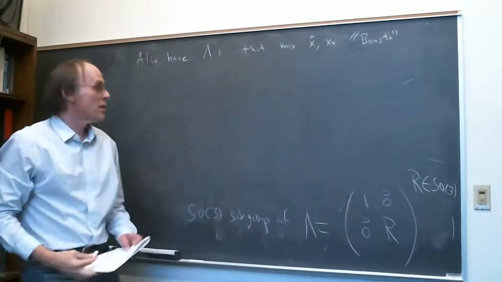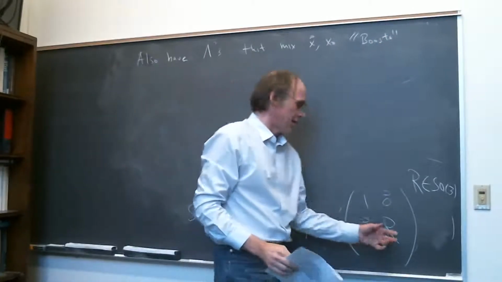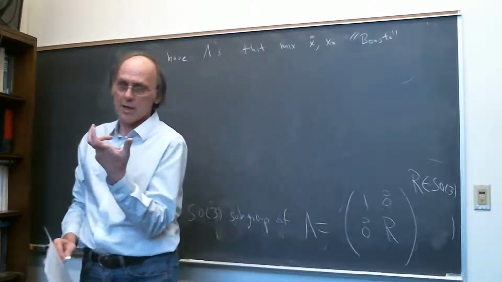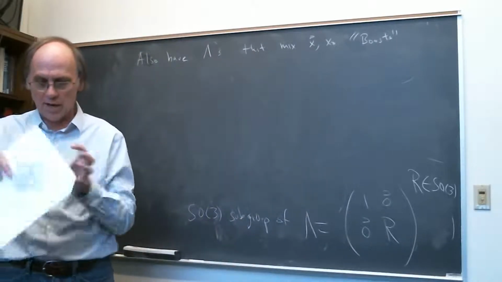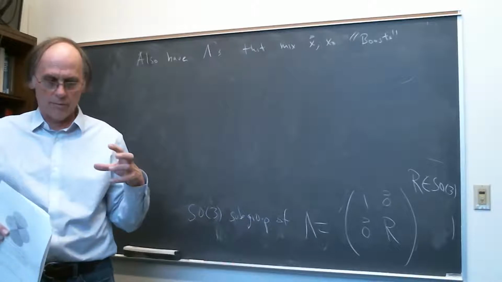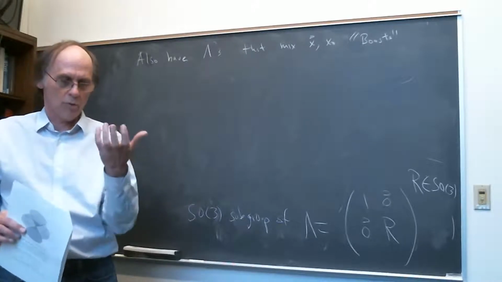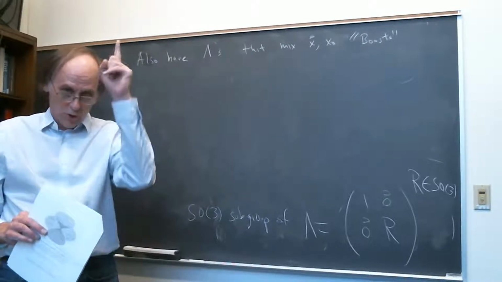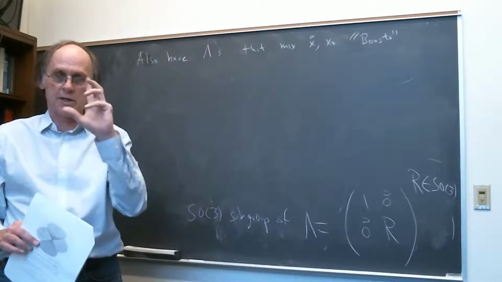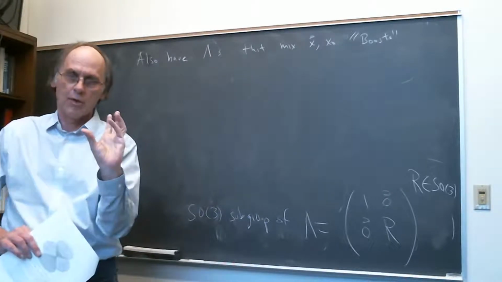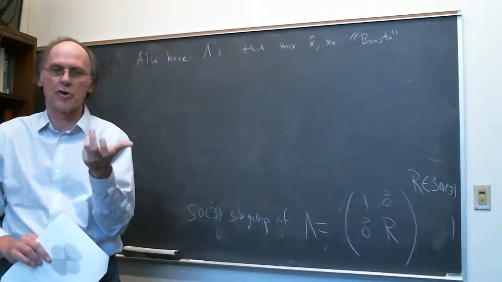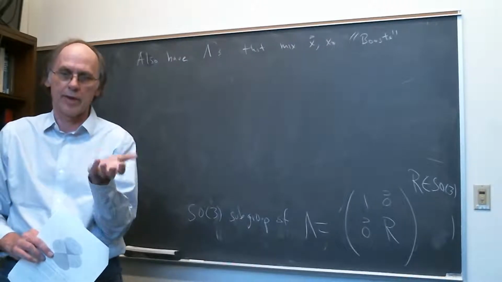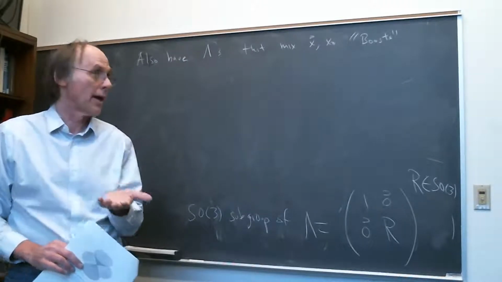If you want to think about a rotation, it's a good idea to break any rotation into rotations that leave one direction invariant and just look at what they're doing in the orthogonal plane.